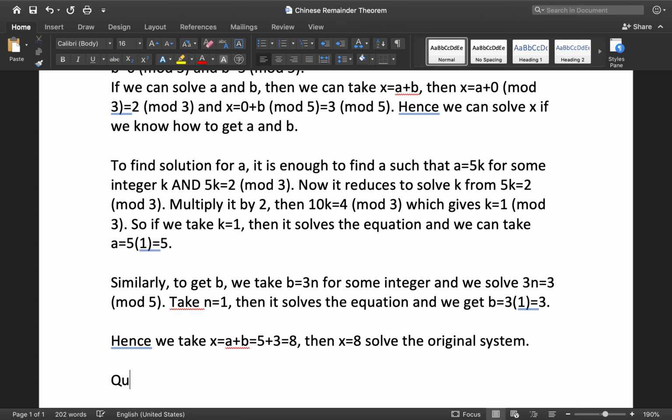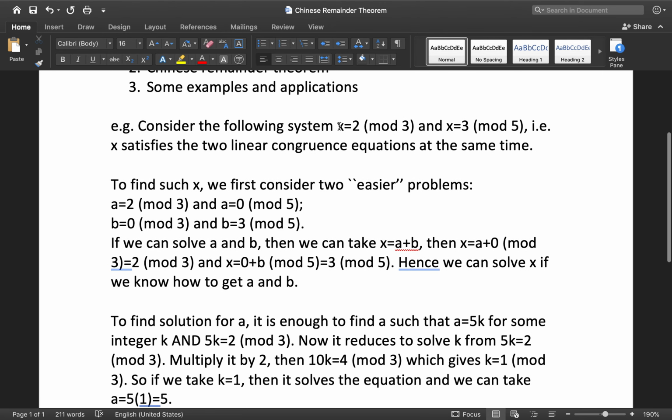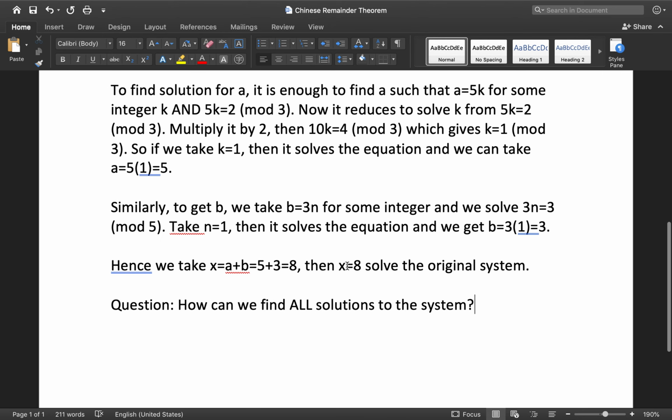So here's the question: how can we find all solutions to the system? How can we get all x which is congruent to 2 modulo 3 and congruent to 3 modulo 5? We got one already, which is x equal to 8.